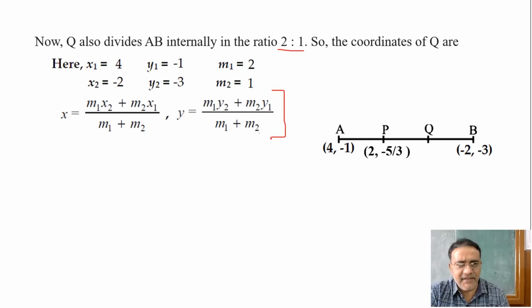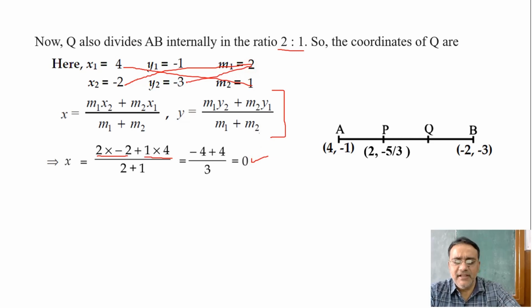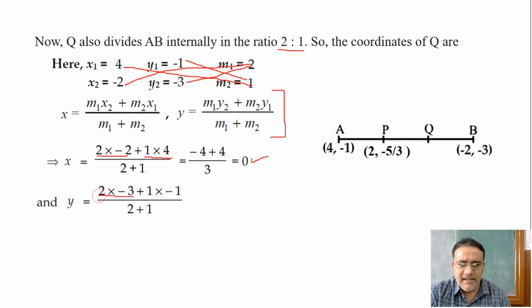We can write directly: (2 into -2 plus 1 into 4)/(2 plus 1), so (-4 plus 4)/3, which is equal to 0. For y, 2 into -3 plus 1 into -1, so this will be -6, this will be -1, upon 3. So -7/3. So is this method easy or that one easy?